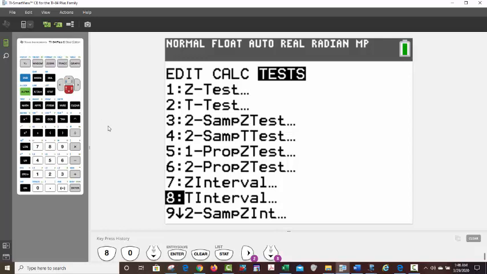On the hypothesis testing unit, we'll be using the first two, Z test and T test. That's sometimes where it gets confusing, and you have to pay attention. But it's straightforward. Interval means confidence interval. That's all you have to remember. So if you want a confidence interval, you're choosing either number 7 or number 8. Simple as that.